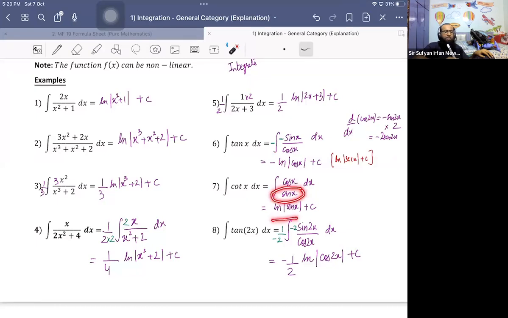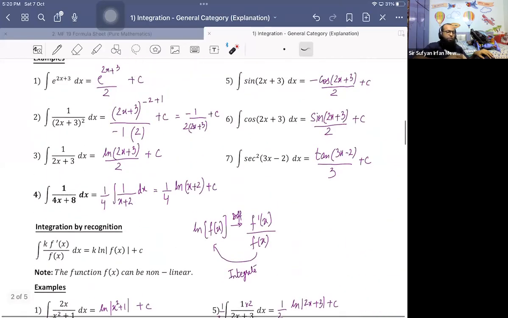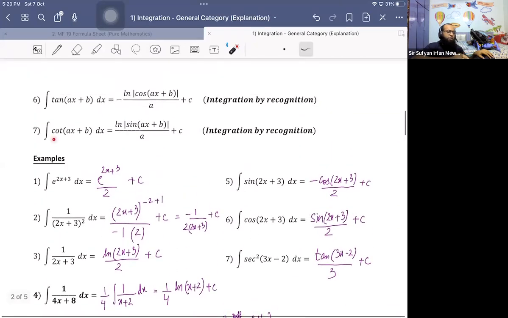So it's ln sin x plus c, since cot x is cos over sine. That is why over here it's written, if it is cot ax plus b, then the integration of this is ln sin ax plus b divided by the differentiation of the angle, so ln sin ax plus b upon a plus c.